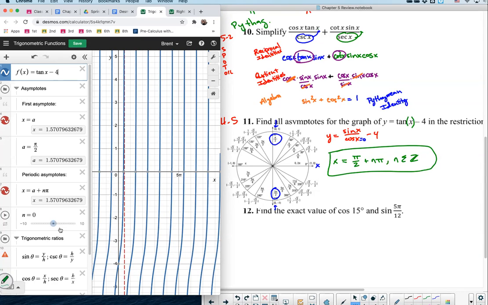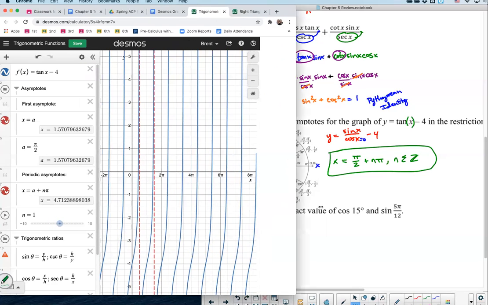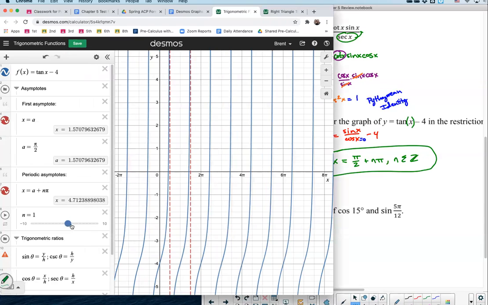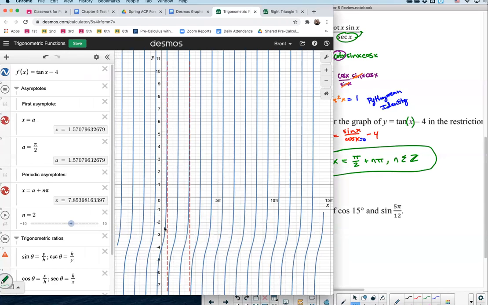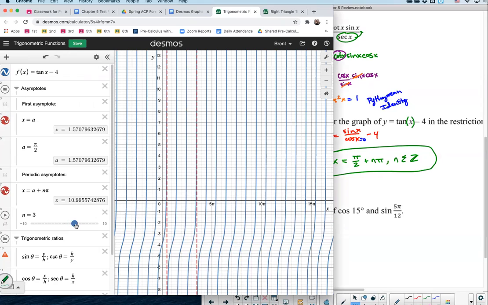That's exactly what we have. So let's see if this, oh yeah, it's working. If you look at my graph here, you'll notice that every time I move in, I'm getting a new asymptote. So it is cutting that blue graph of tangent x minus 4 perfectly. This asymptote is splitting the different pieces of the graph apart. So we did do it correctly there.